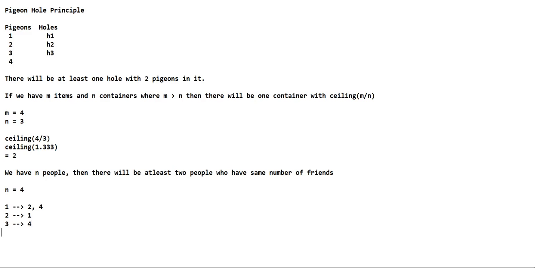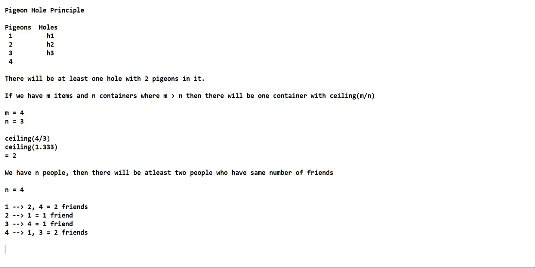And person 4 is friends with 1 and 3. So if you count this, person 1 has 2 friends, person 2 has 1 friend, person 3 has 1 friend, and person 4 has 2 friends.